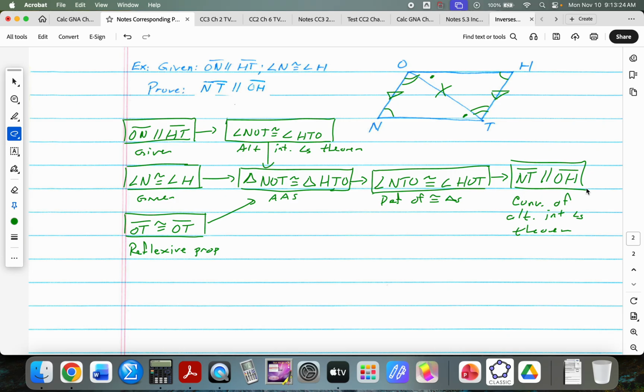How could I have showed that these two angles are congruent without even bothering to show that the triangles are congruent? Yeah. Because we already know H and N are congruent. So, these aren't H and N. Ian, you have a thought?